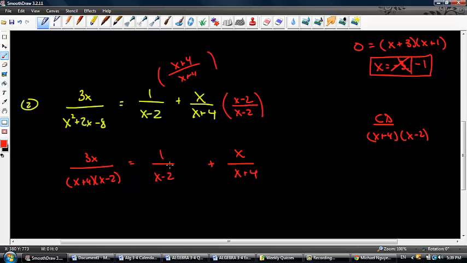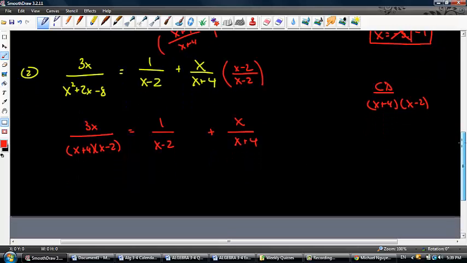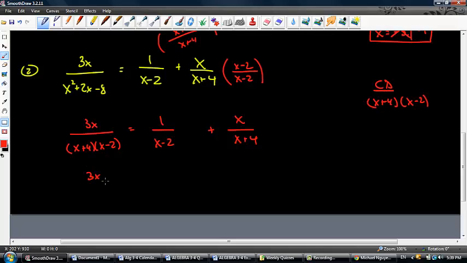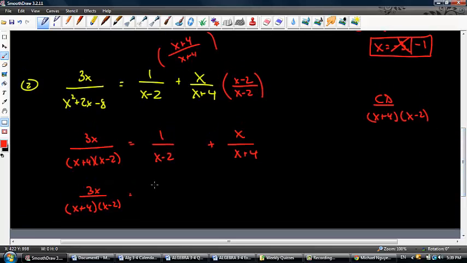So what I get is 3x over x plus 4 times x minus 2 equals, I'm going to multiply the x plus 4 in, so I get x plus 4 over the common denominator, plus x squared minus 2x over the common denominator.